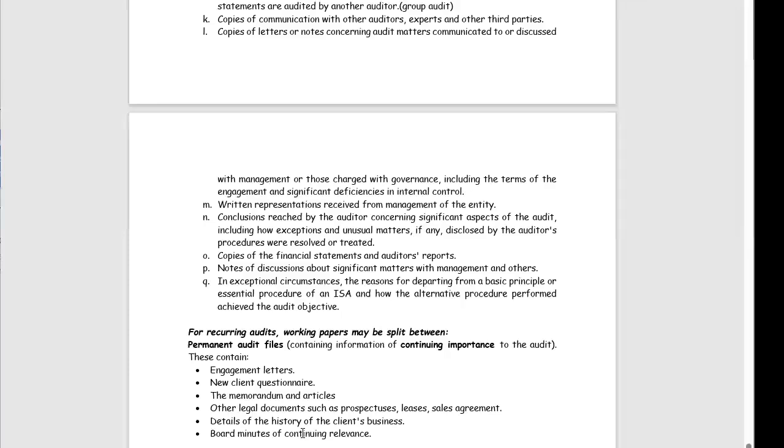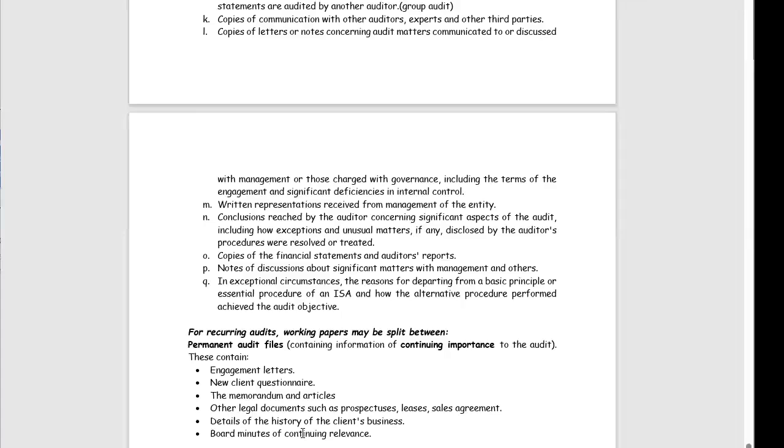The PF normally contains those working papers of long-term importance to an audit. They used to go beyond a one-year period, or beyond the current year's audit.